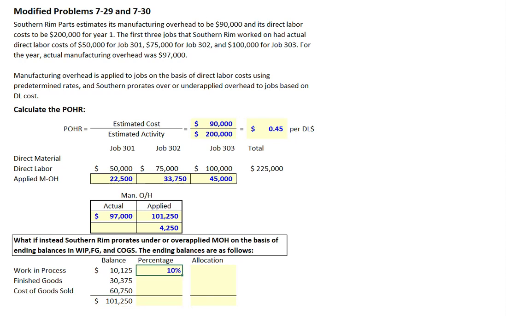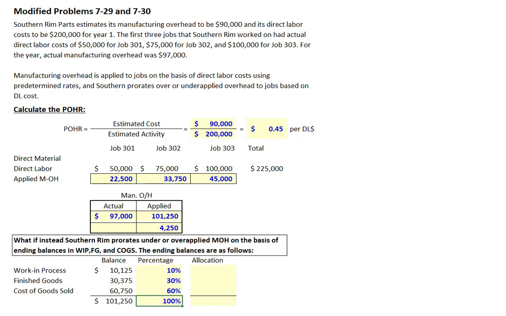Work in process accounts for 10% of our total cost. That's the 10,125 divided by the 101,250. The 30,375 divided by the 101,250 is 30%. And finally, the 60,750 divided by the 101,250 is 60%.